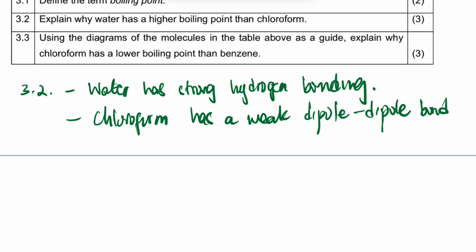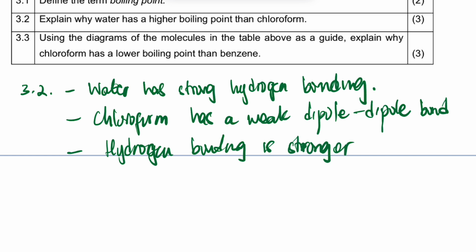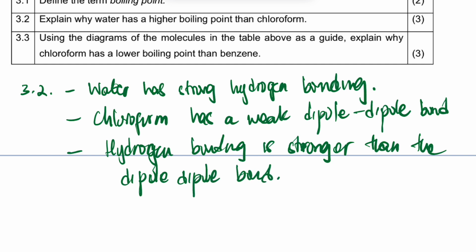So you are only left with 1 mark. What are you going to say now? You will say hydrogen bonding is stronger than the dipole bond. Now you're comparing the strength. And then lastly, you talk about the energy.